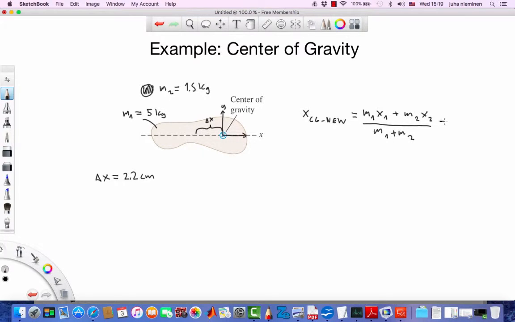And where should this be? Well, it should be delta x to the left from the original origin, so just minus delta x.